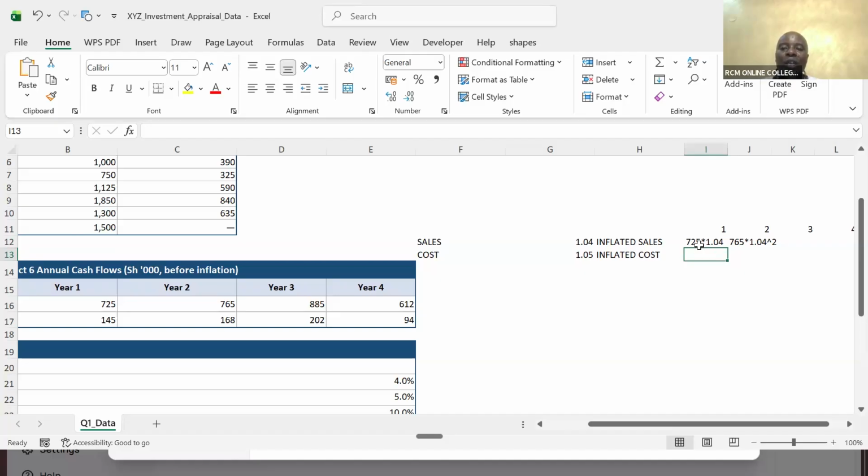What is this 725 inflated at the end of the first year? Can somebody just give me this answer? Just for our records, because I'll be doing it using Excel automatically.